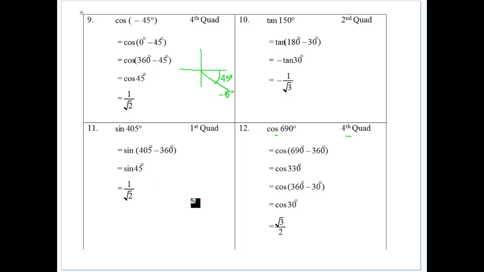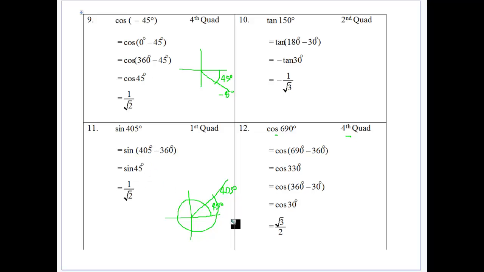405 this time. Well, we talked about this one before. The idea is if we go through one revolution and then keep going. So that's 360, we keep going to 405. That's 45 degrees past 360. So that means our related angle is going to be 45 because it's in the same position.